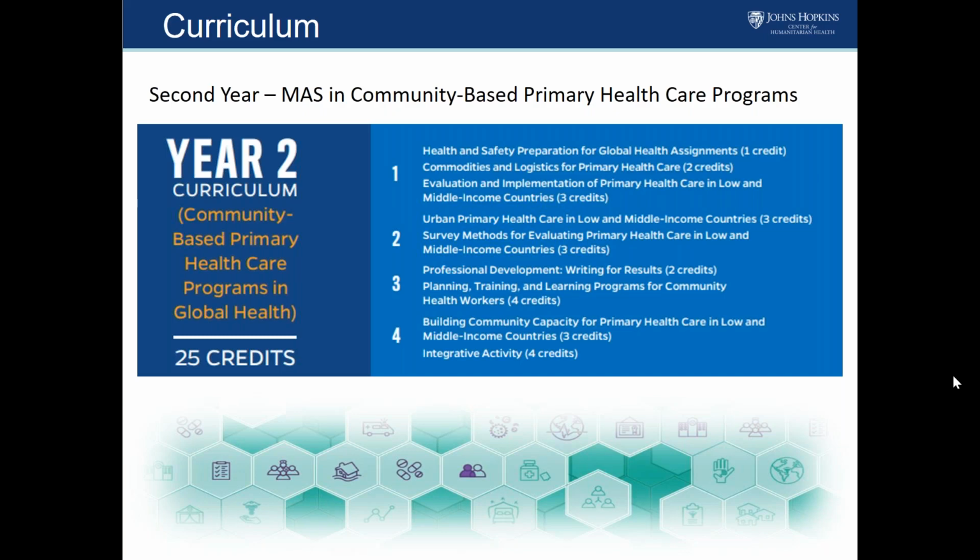We have a course that looks at some of the basic components of primary healthcare, and particularly essential medicines, and how these are managed at the community level. Again, the community-based primary healthcare program focuses on work with communities, community involvement, community participation in organizing and delivering primary healthcare services.